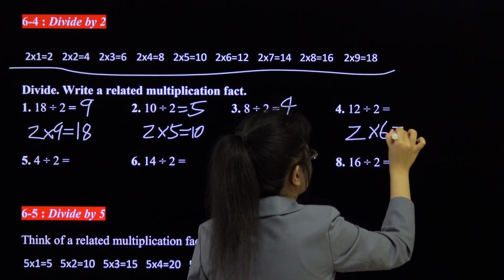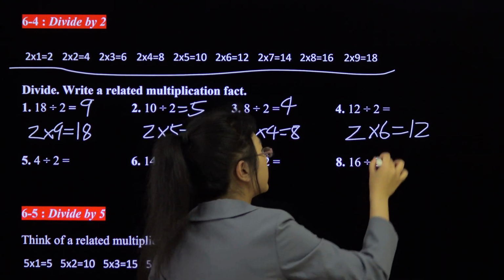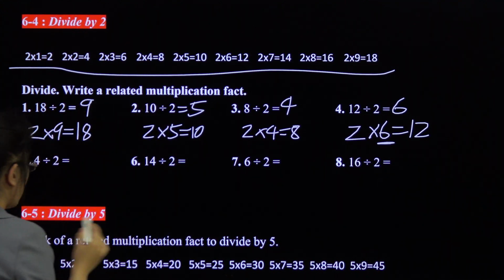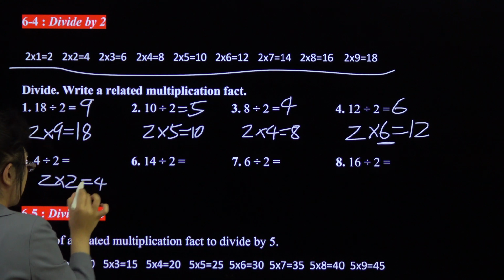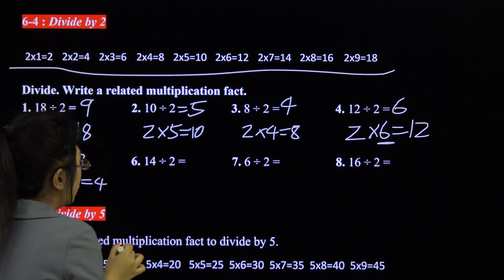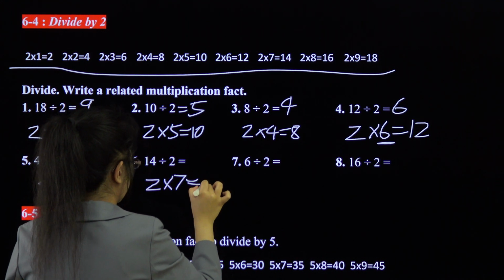2 times 6 equals 12. 12 divided by 2 equals 6. 4 divided by 2. 2 times 2 equals 4. So 4 divided by 2 would be 2. 14 divided by 2. 2 times 7 equals 14.